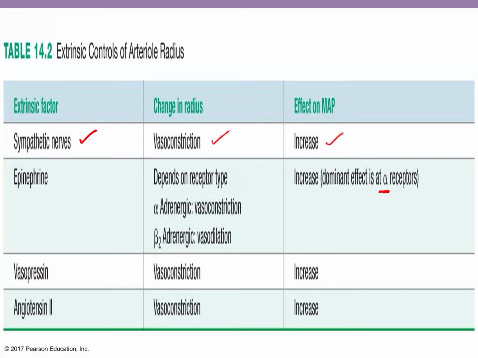And then we have three hormones. We have epinephrine, angiotensin II, and vasopressin. So epinephrine, it depends on the receptor type for what it does. If it's an alpha adrenergic, as we have here, it's going to constrict. So this is going to be on blood vessels. It's going to constrict the blood vessels in most of the body.